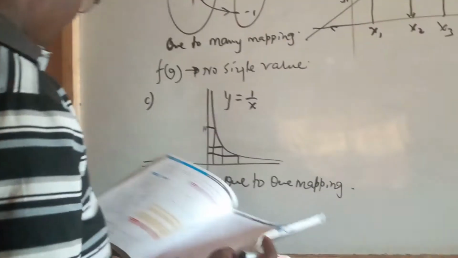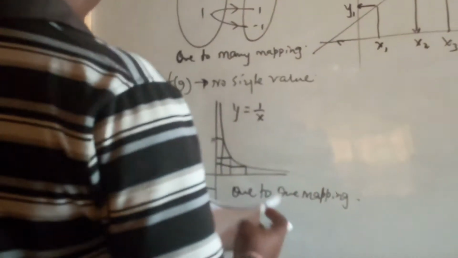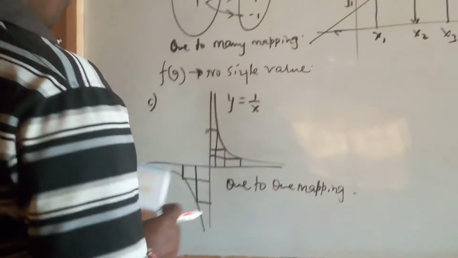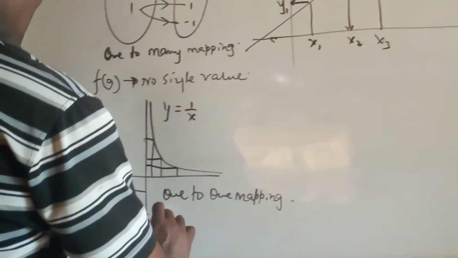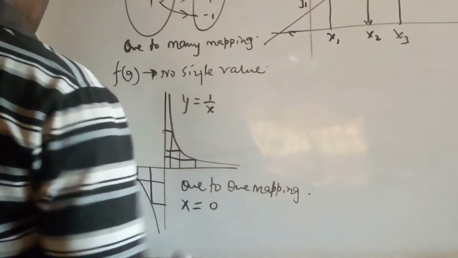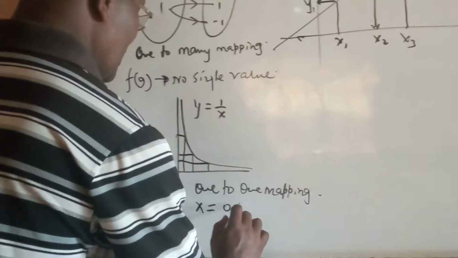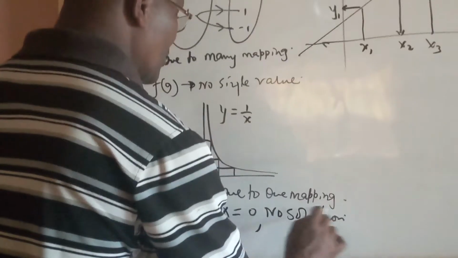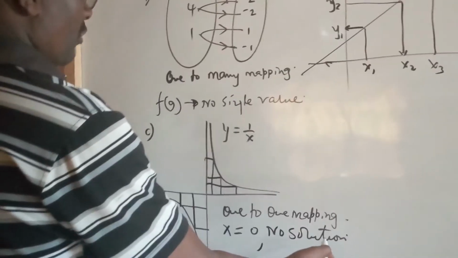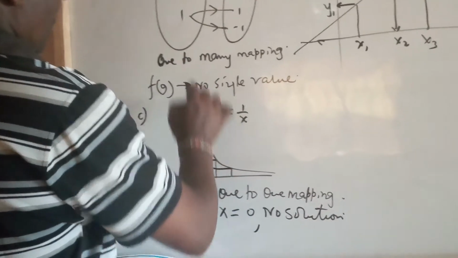My answer would be it is not a function. Reason being, when x is equal to 0, there is no solution. There is no specific value of y when x is equal to 0.